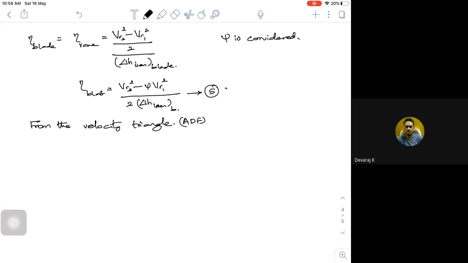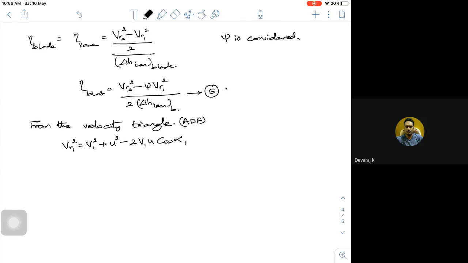Using the cosine rule, I can write VR1 square is equal to V1 square plus U square minus 2 into V1 into U into cos alpha 1.